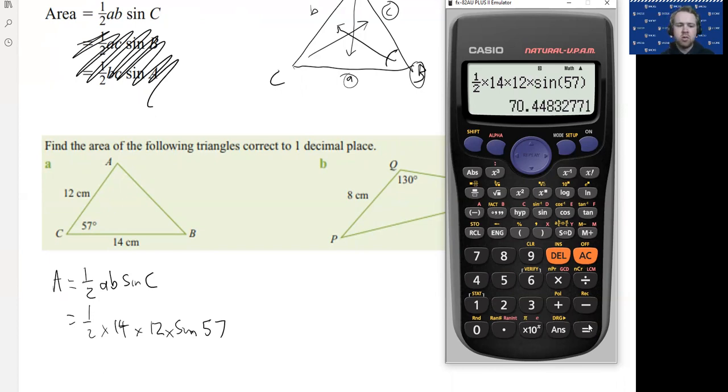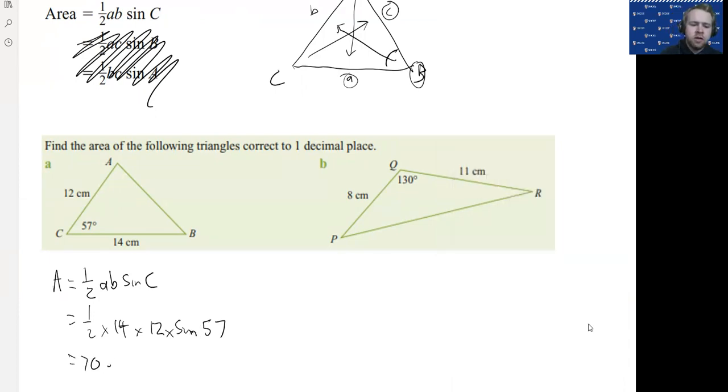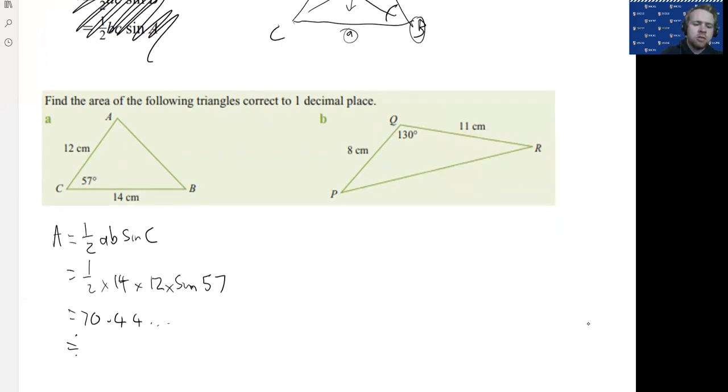Then press equals, and we've got to do it to one decimal place. So it's going to equal 70.44 dot dot dot, and then approximately equal to 70.4. We ask ourselves, what are we actually finding here? That's right, we're finding an area. So if we use centimeters to measure the sides, it's going to be in centimeters squared.